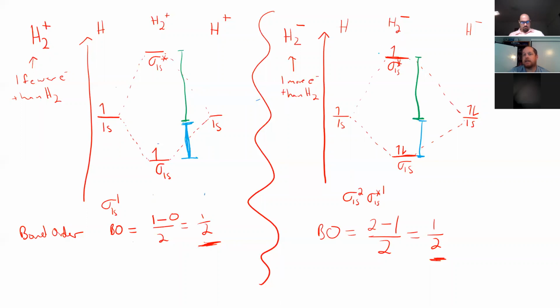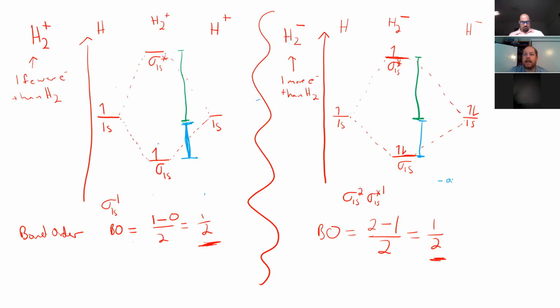That extra electron that's destabilized is a higher energy destabilization. And so the idea here is we can keep this in our head as to why the H2 minus molecule might be a weaker molecule. It has to do with the antibonding destabilization versus bonding stabilization.